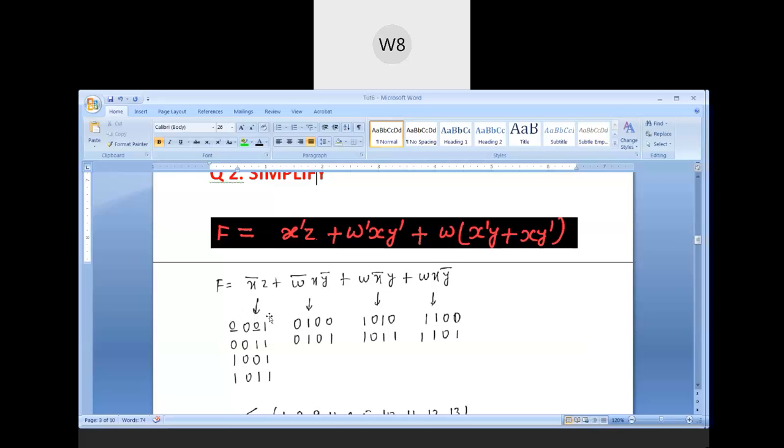First variable is w, last variable is z. So second variable here is x. So whenever x is 0, x bar is going to be 1, and z has to be 1. So once you fix this x bar or x 0 and z 1, then w and y can take four possible combinations, 0 0, 0 1, 1 0, 1 1.